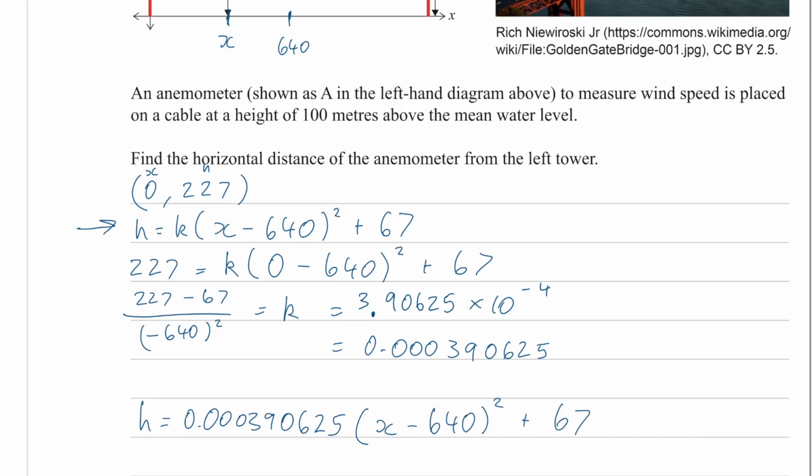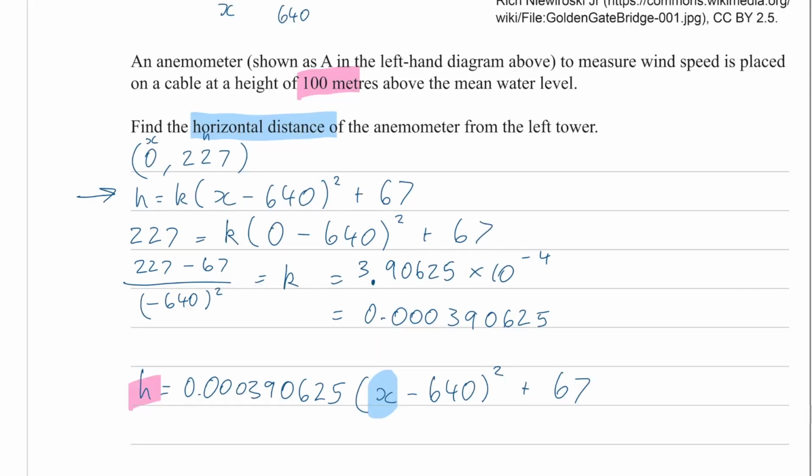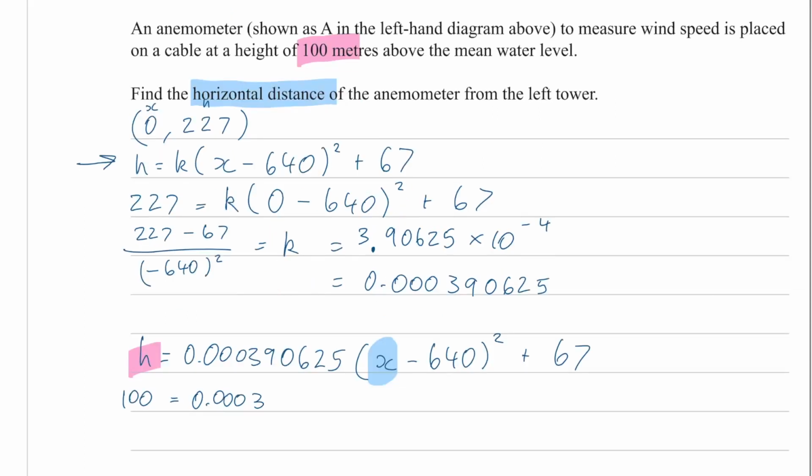Great. And now the question is to find the horizontal distance, which is x, given it is 100 meters height, 100 meters above the mean water level. So that means we substitute in 100 for height, and we solve for x.